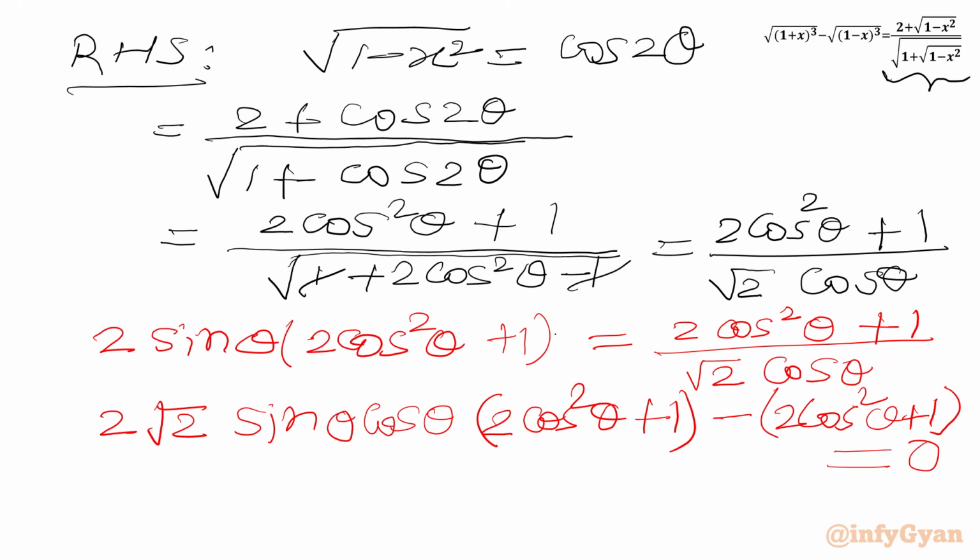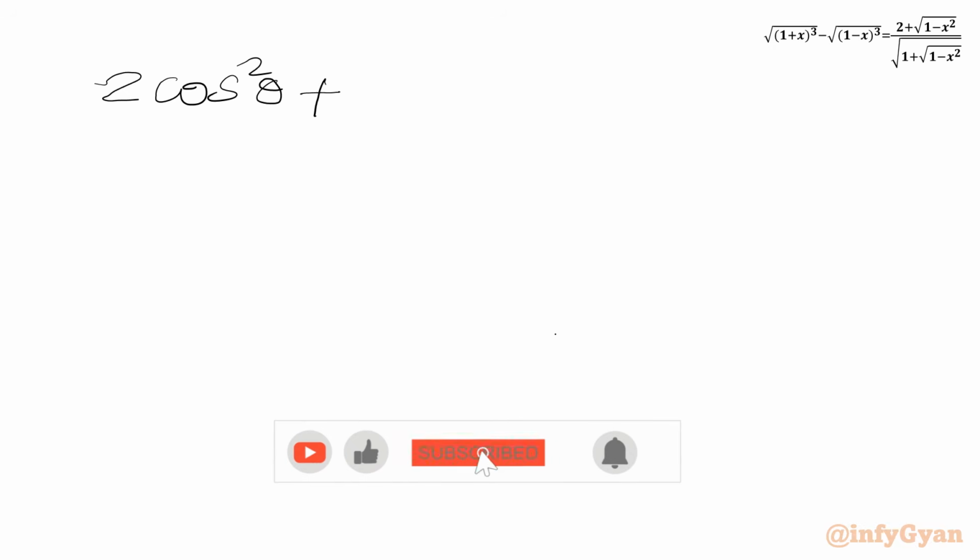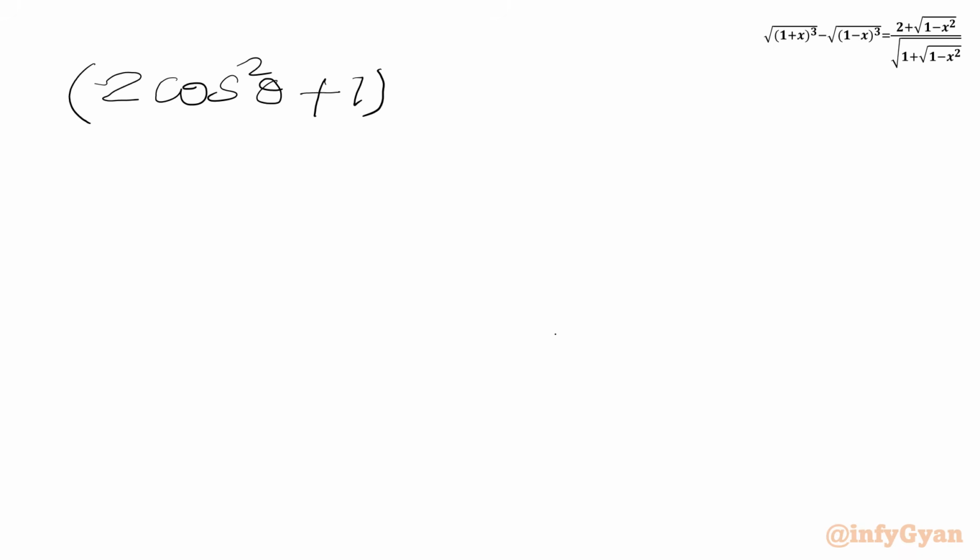Now we have to take 2 cos square theta plus 1 common from LHS. So we will get 2 cos square theta plus 1 in one bracket, and in the other bracket we will get root 2 sin theta cos theta, which is sin 2 theta.